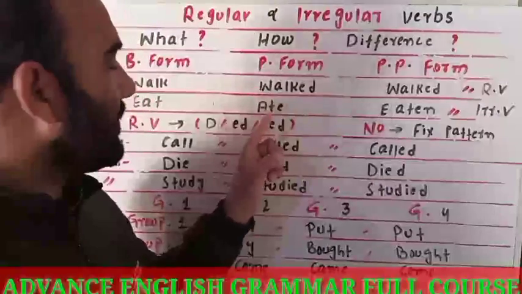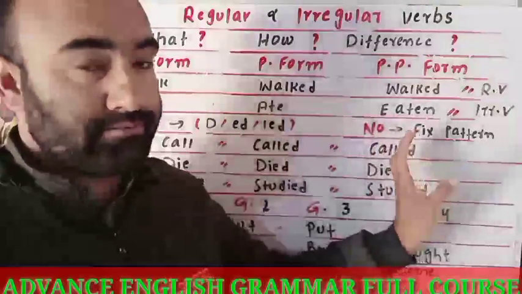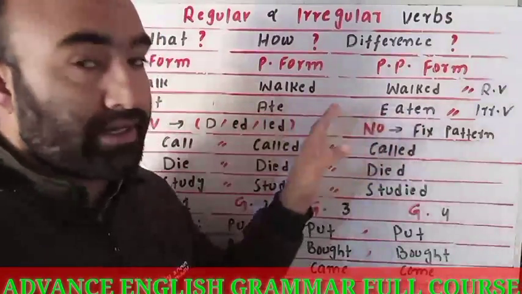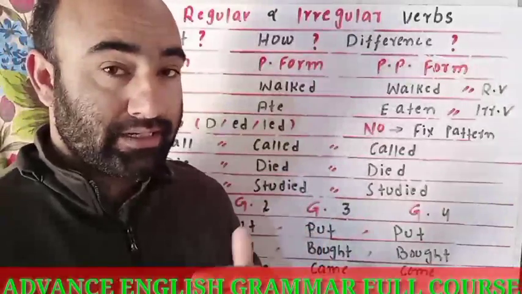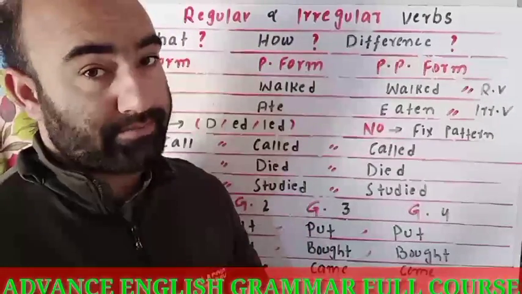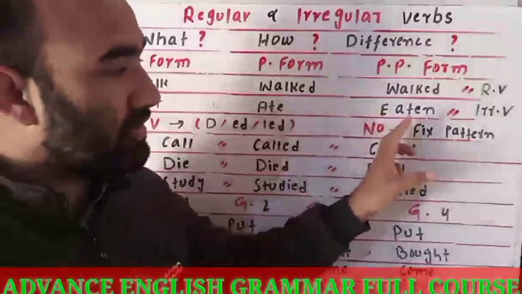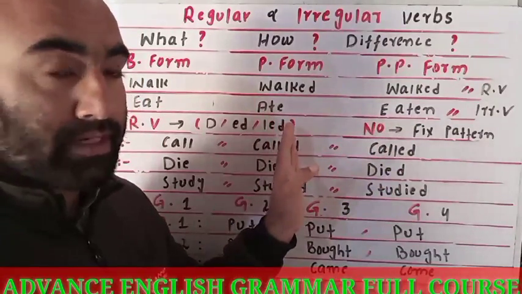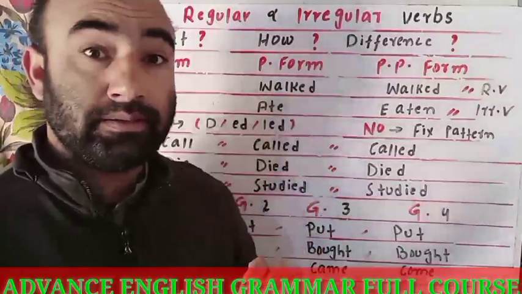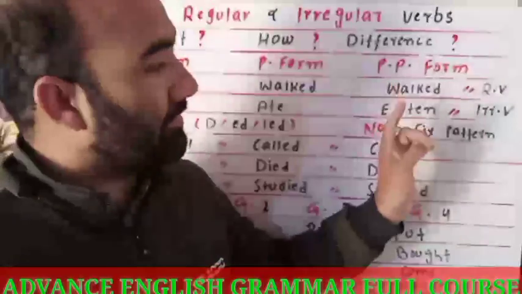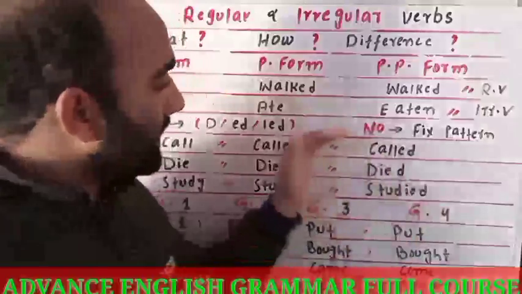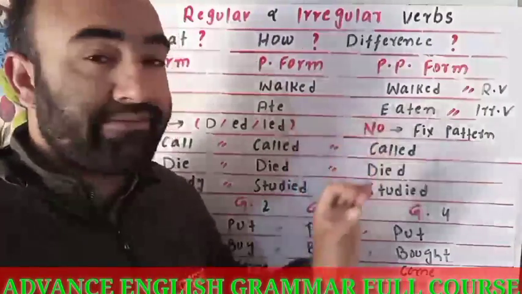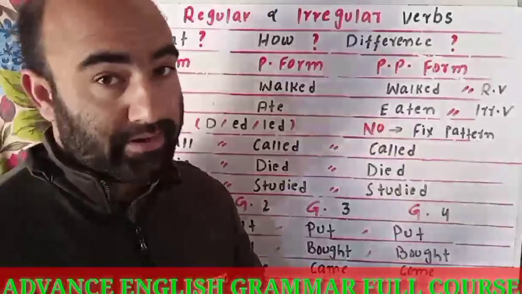Now you can see this pattern, eat, ate, eaten. You can see we did not put any d, ed, or ied here. It was completely changed. When we make the past form and the past participle form of the verb, it is completely changed. It doesn't have any pattern.